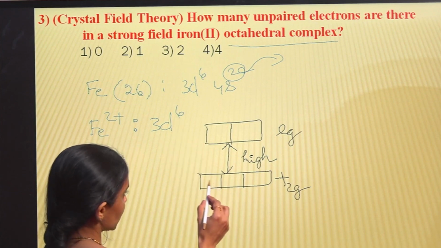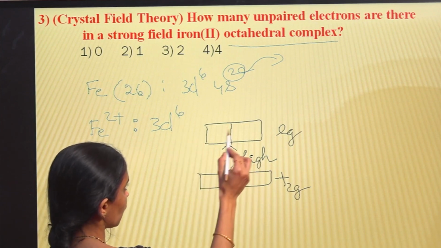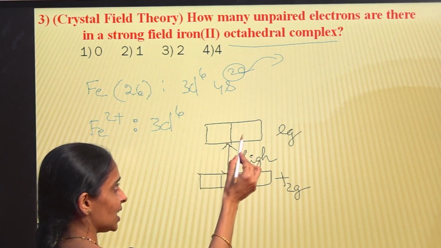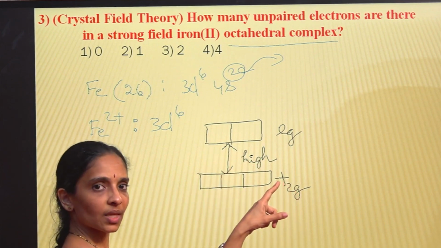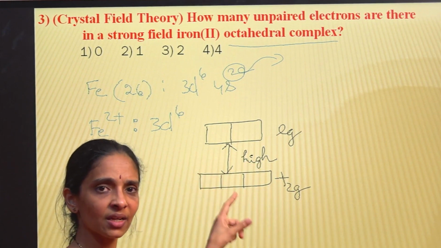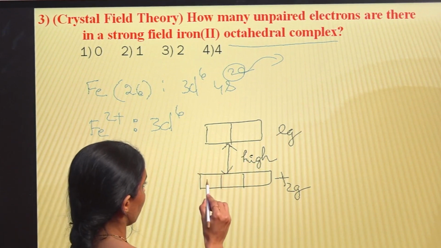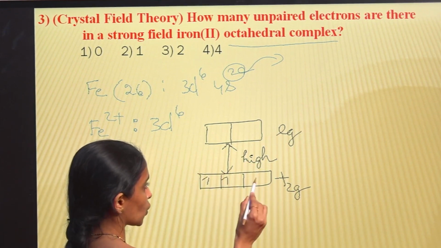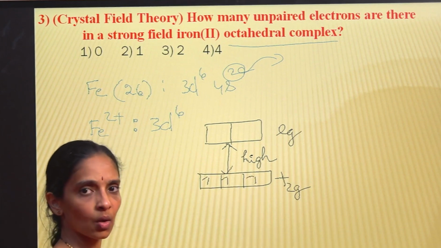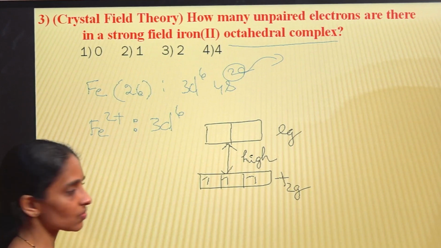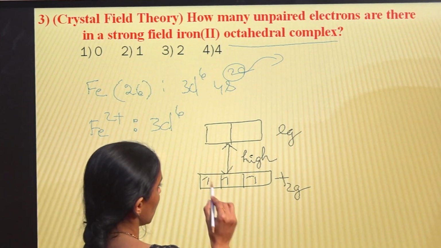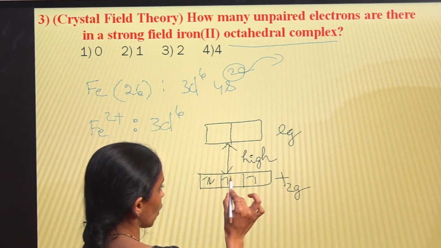So what do the electrons do? Instead of going to higher energy eg, they prefer to stay with t2g. So electron pairing is going to happen here. First 3 electrons go to t2g without any doubt. But the next 3 electrons, there are totally 6, also stay with t2g only.